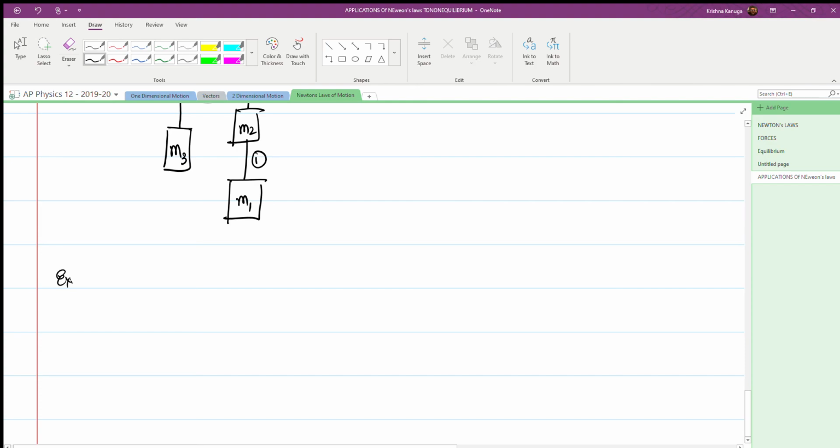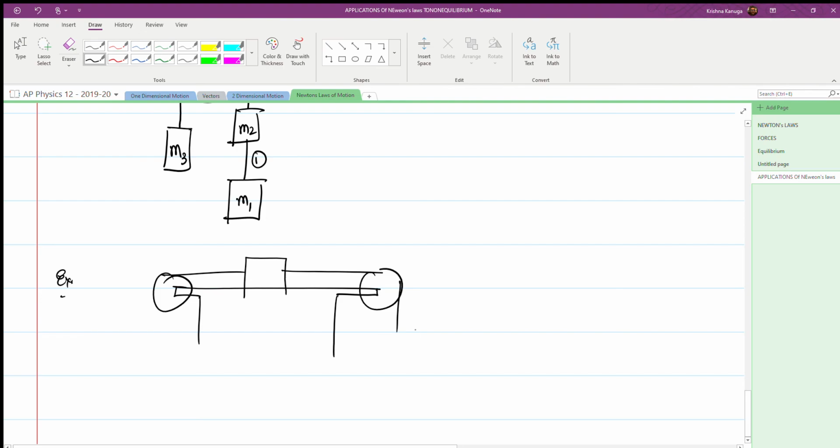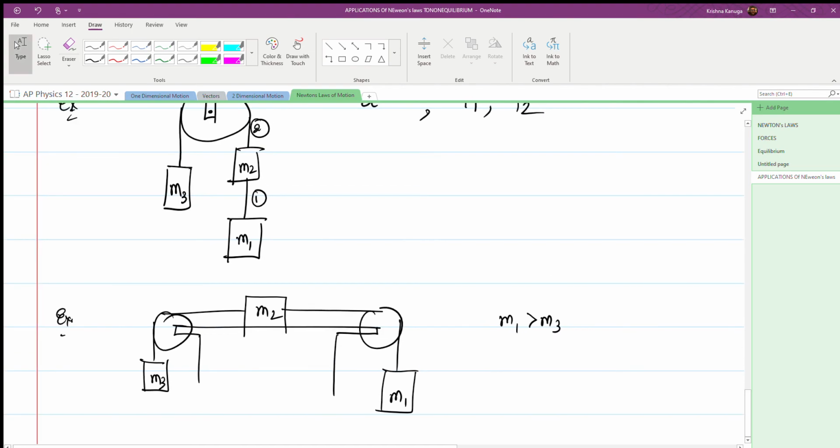And let's try this one also, which has M1, M2, M3. Three masses, two pulleys, everything is still frictionless. Let's assume that M1 is greater than M3, so M1 is going to go down and M3 is going to go up.